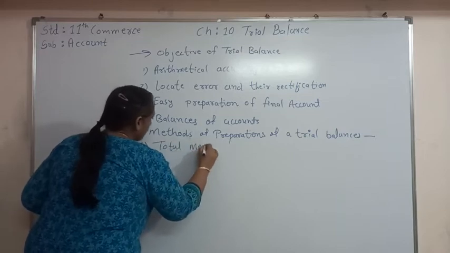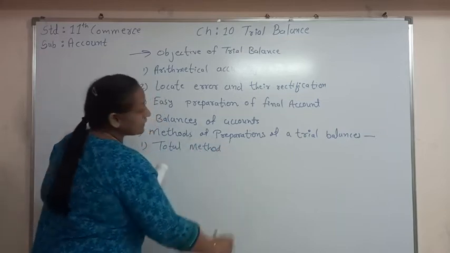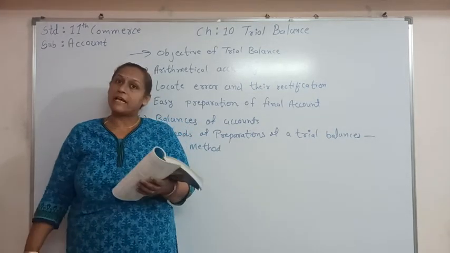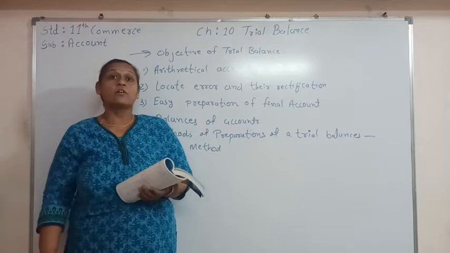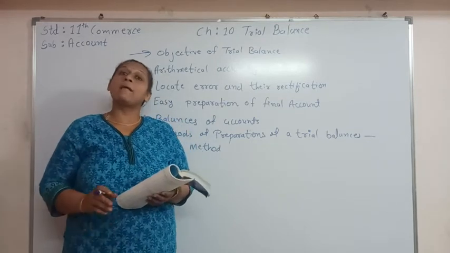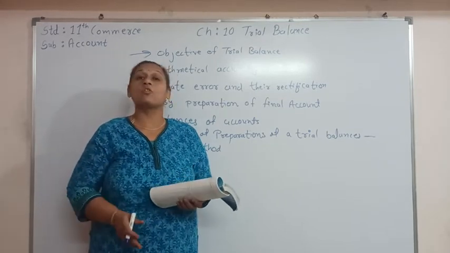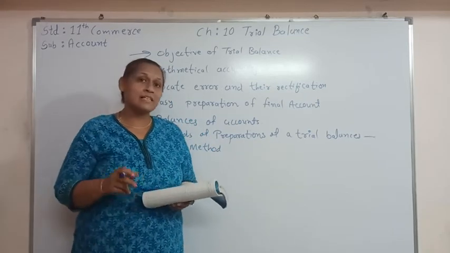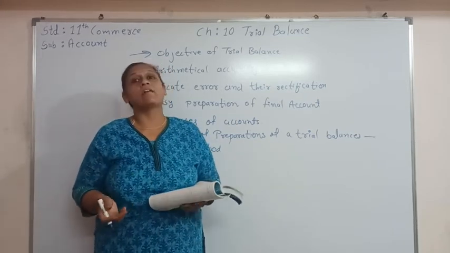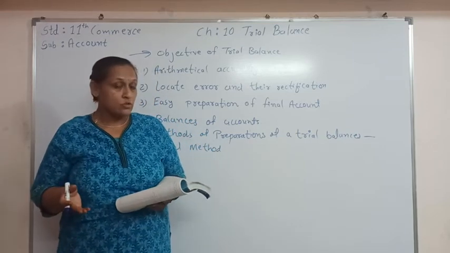In the total method, as we know, the account has two sides, the debit side and the credit side. In the total method, we are not finding out the balance, that is the debit balance or credit balance. Rather than finding out the balance, we write both side totals in the trial balance, and that is called the total method.